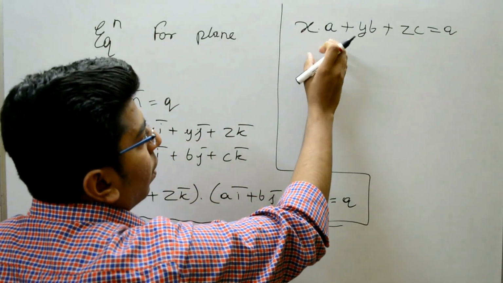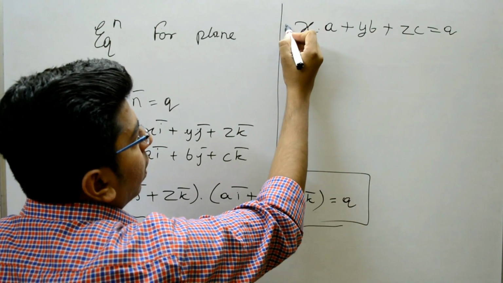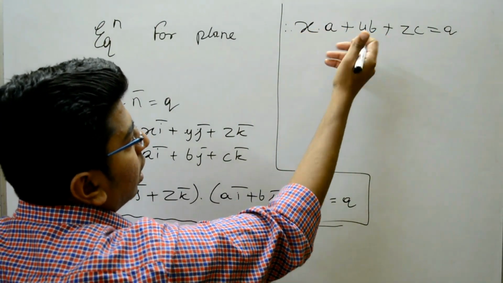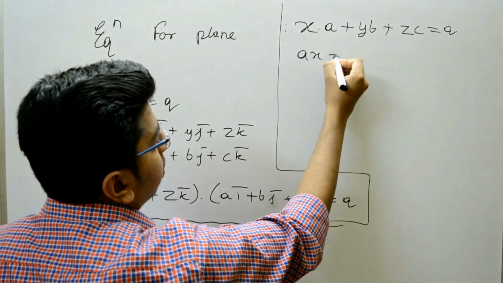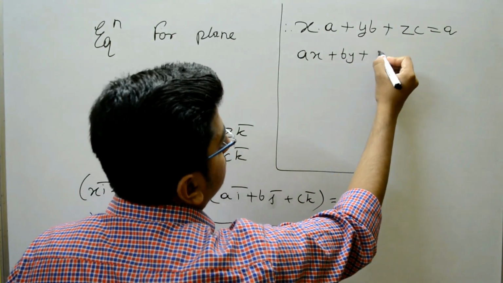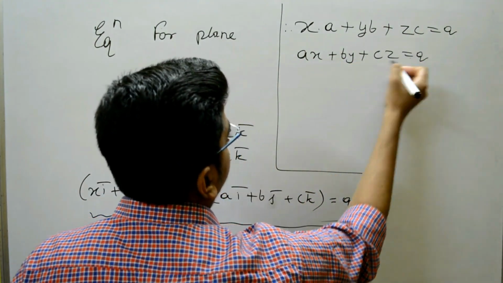I have to rearrange in the next step: ax plus by plus cz equal to q.